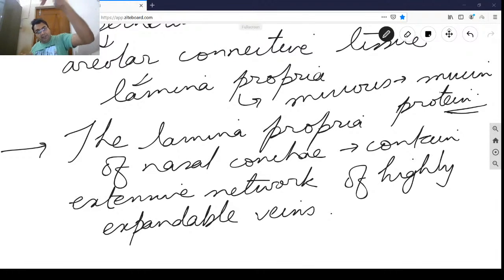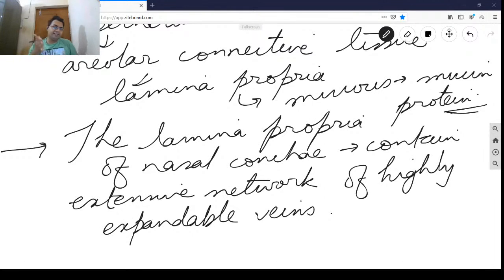So when the air comes into the concha, just think of it as a rounded space, it will come into contact with the veins, and the veins will radiate heat. Apply the zeroth law of thermodynamics here.